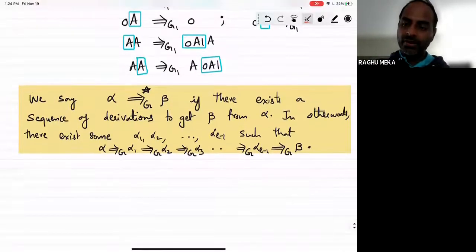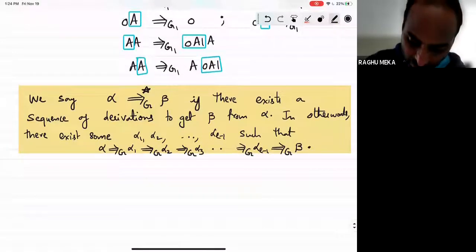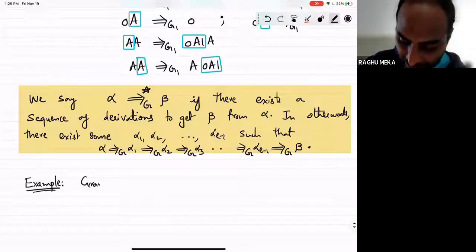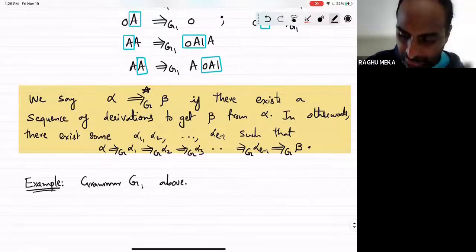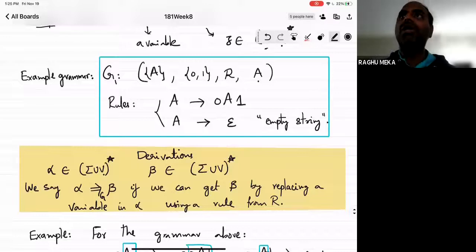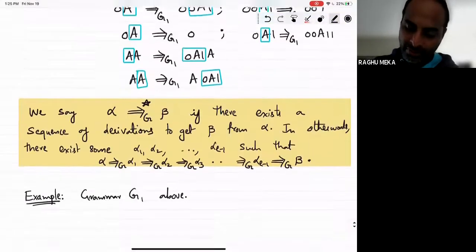Let's see an example of this too. We have our grammar G1 above, the same grammar with just two rules: A to 0A1, A to epsilon.